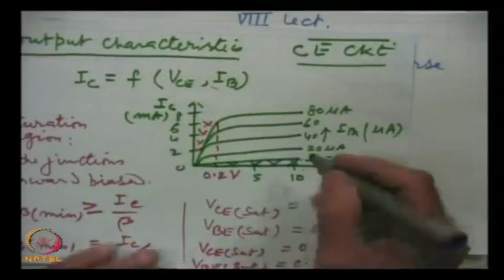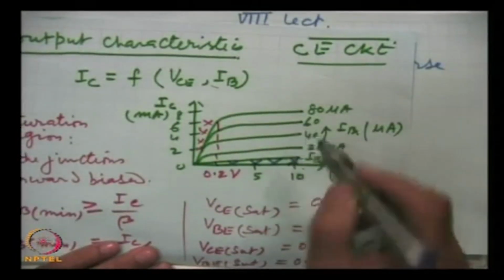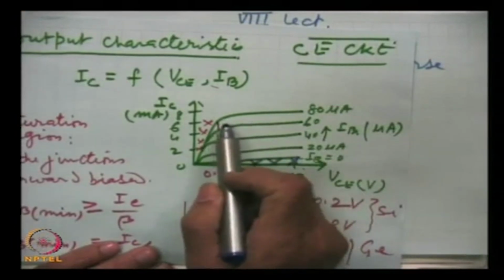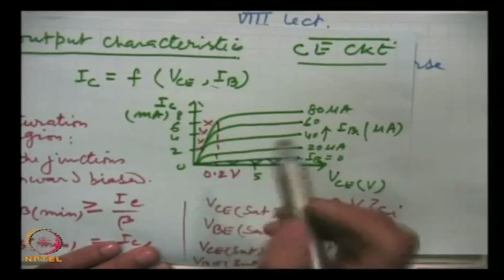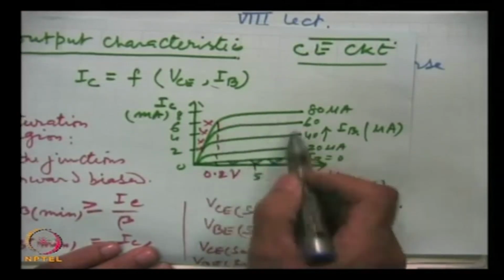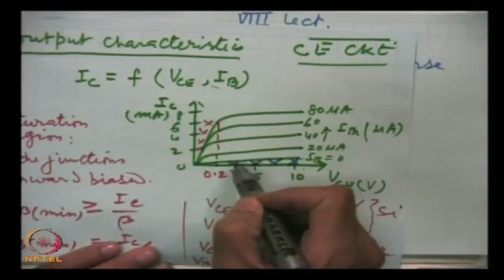Now, the third region, above IB equal to 0 and on the right side of the saturation region, is called the active region.